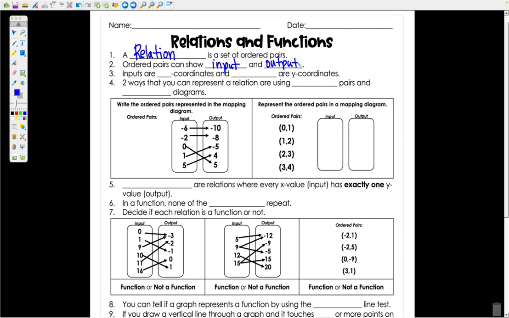Your input values are your x coordinates, and the output values are the y coordinates. Two ways that you can show me a relation is by using ordered pairs, writing the x and y, or by using map diagrams.